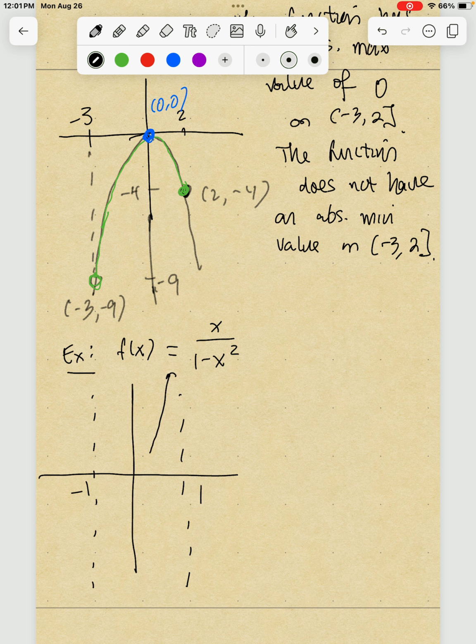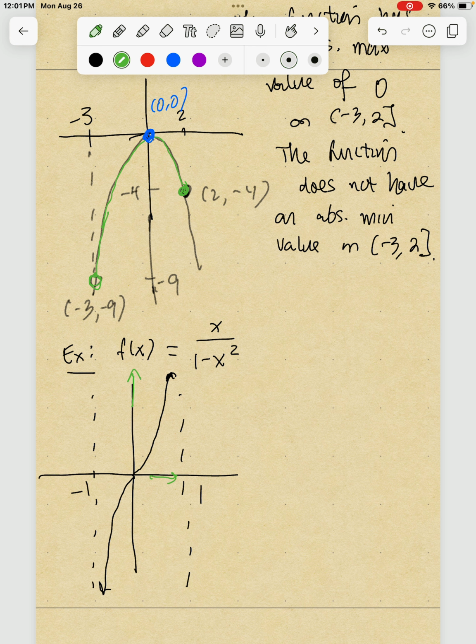It looks like this. Now this function, does it have an absolute maximum or minimum? No, because the y values surpass every possible y value, right? There's no biggest y value because these y values, as x gets closer and closer to 1 from the left, are going off to infinity.